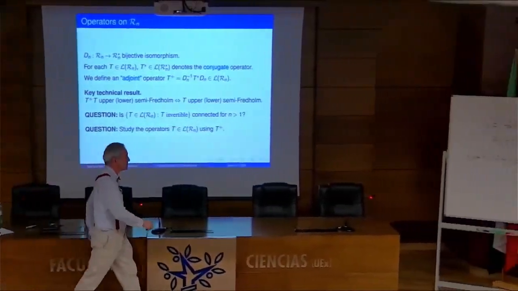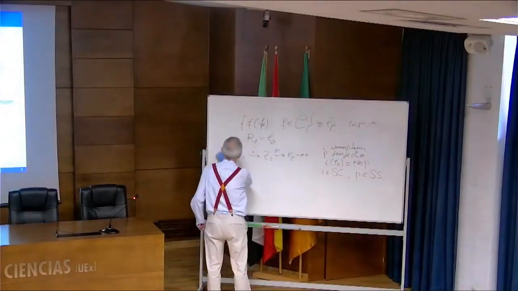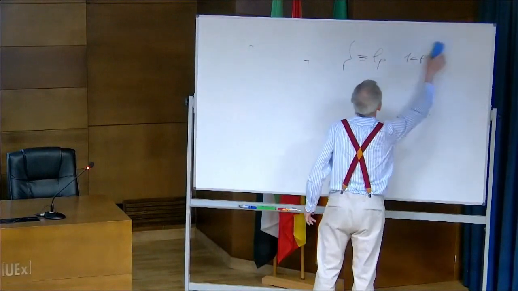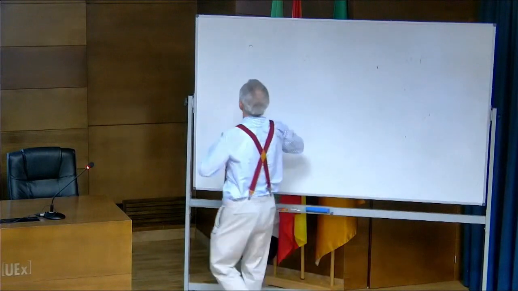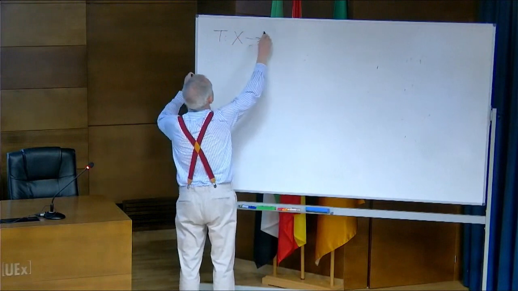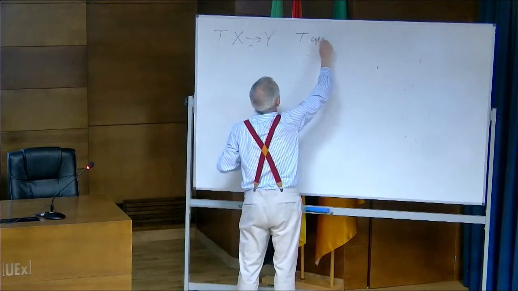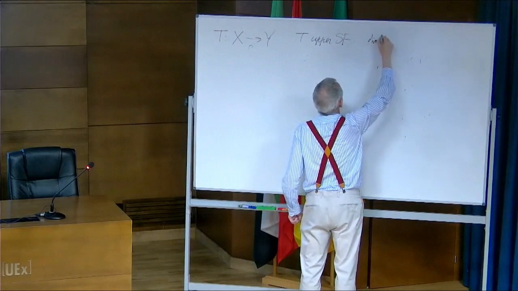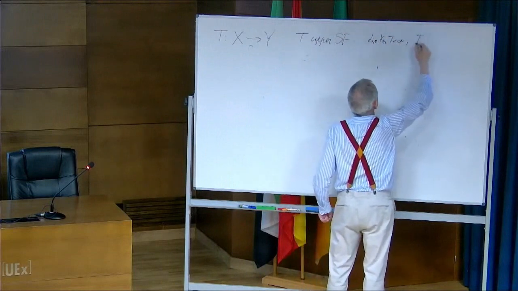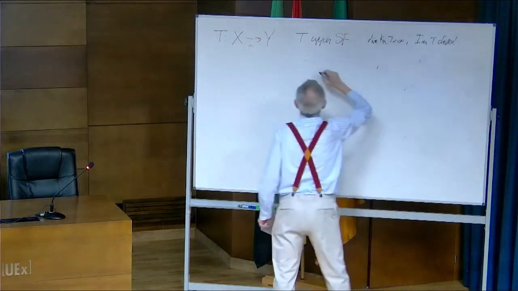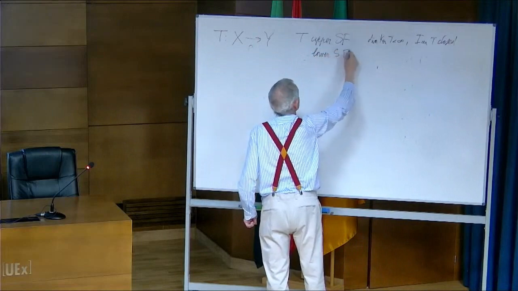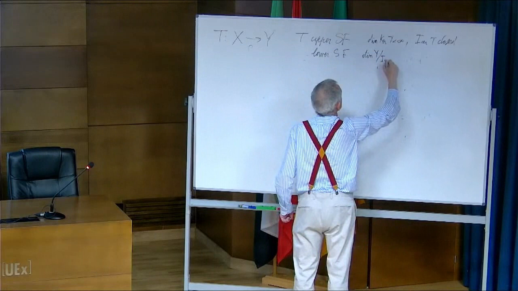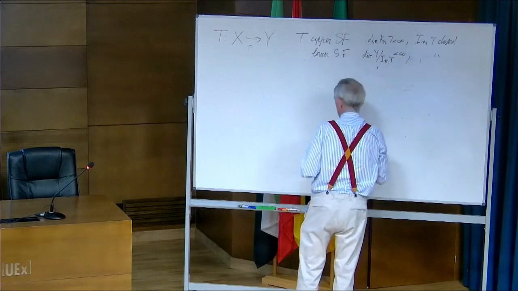Well, if we have an operator between two Banach spaces, the operator is upper semi-Fredholm if the kernel is finite dimensional and the image is closed, and it's lower semi-Fredholm if the image is finite codimensional and also the range is closed.